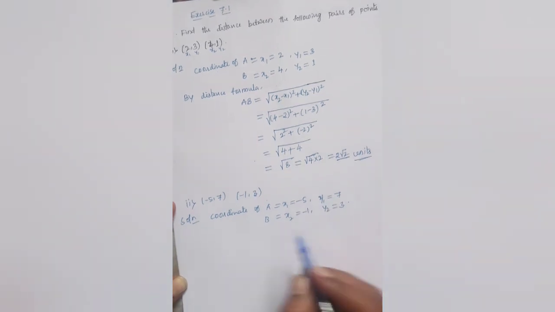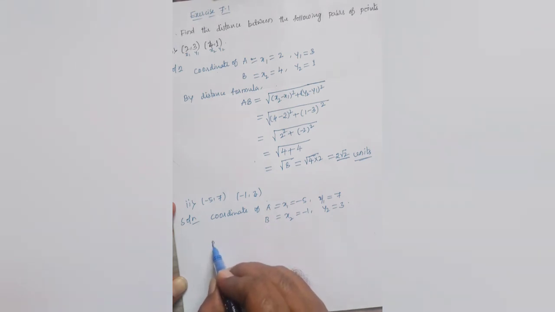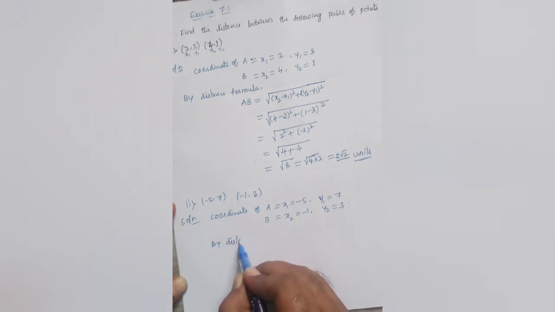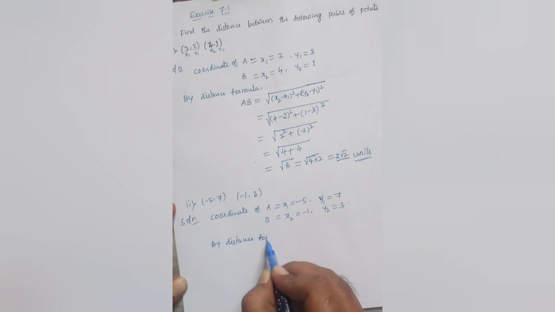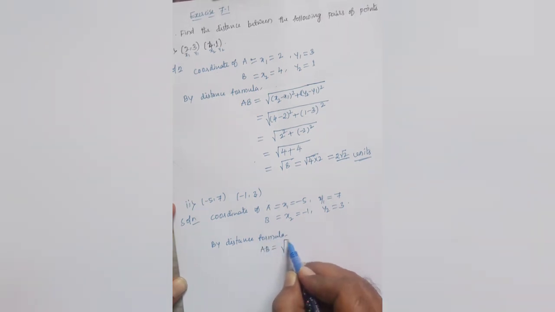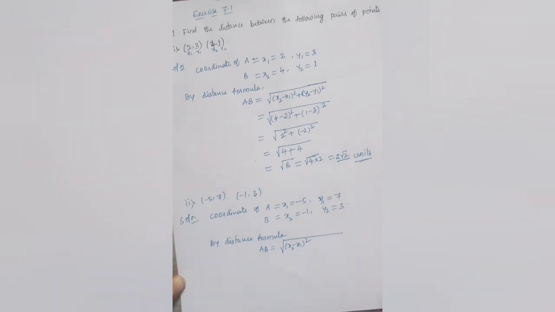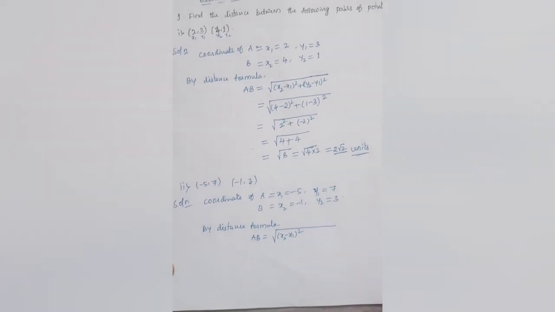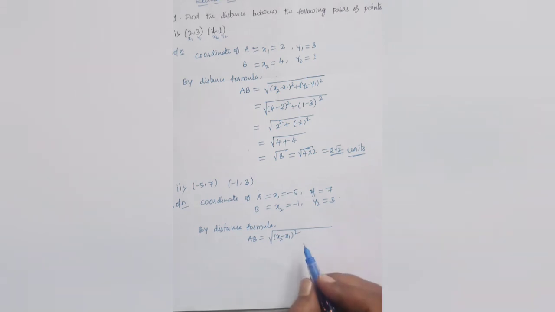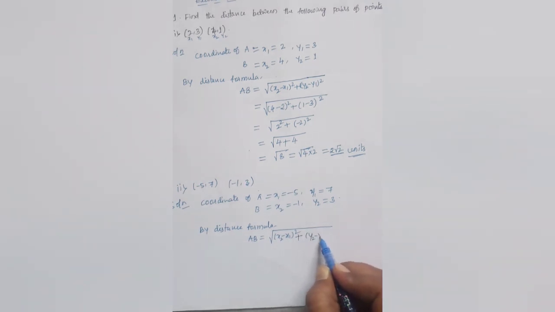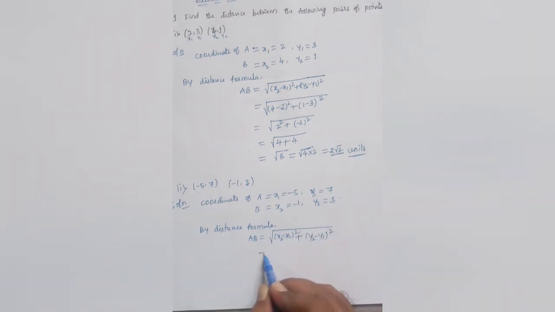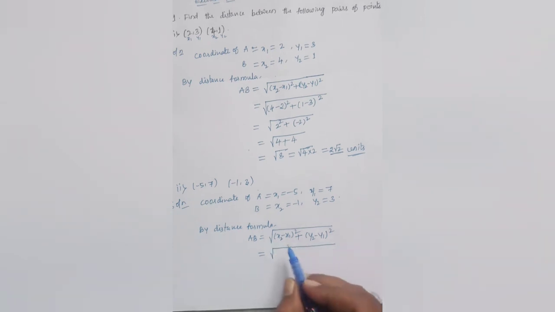By the distance formula, AB is equal to square root of x2 minus x1 whole square plus y2 minus y1 whole square. You can find x2 minus x1 whole square or x1 minus x2 whole square, both will give the same. Substitute the values and simplify.